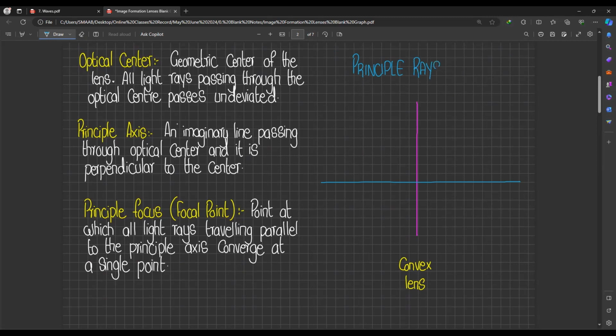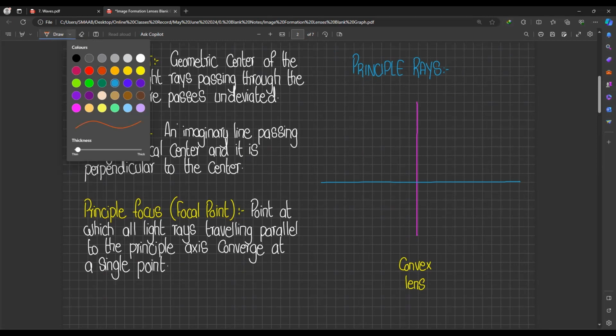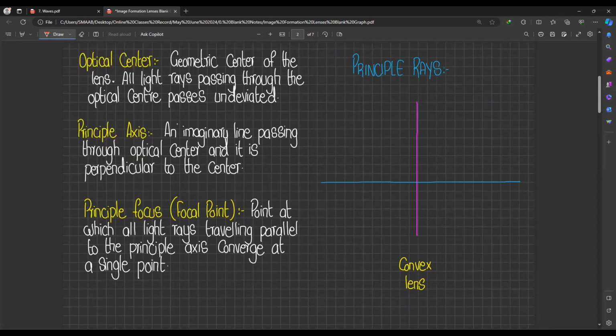Principal rays. Always remember there are three types of possibility for a ray. The first is when a light ray moves parallel to the principal axis, and this line will pass through the focus point.